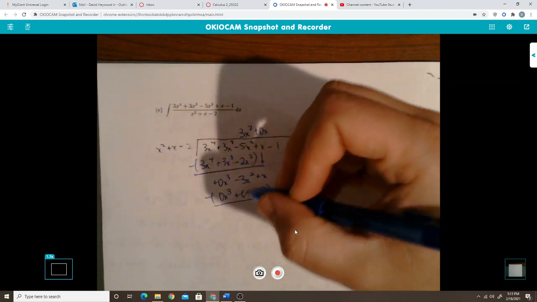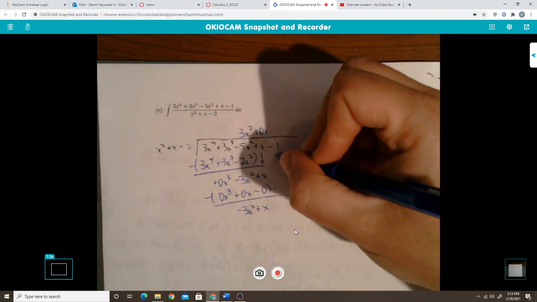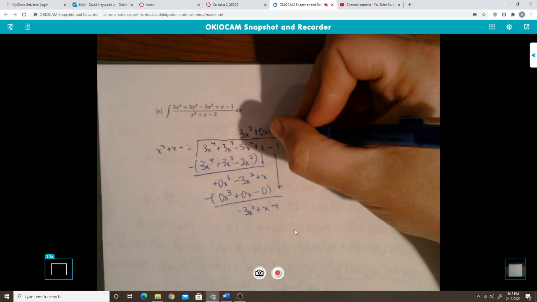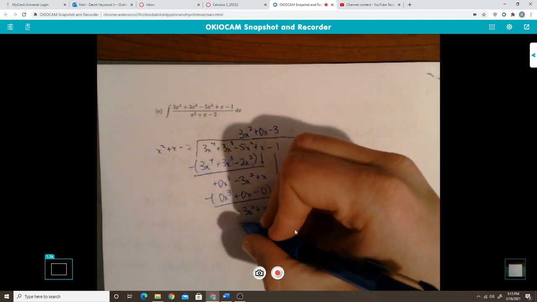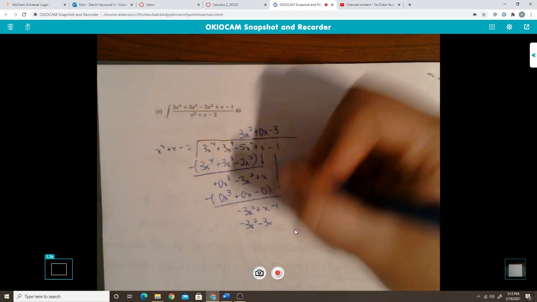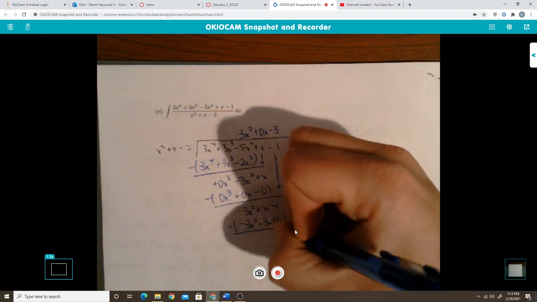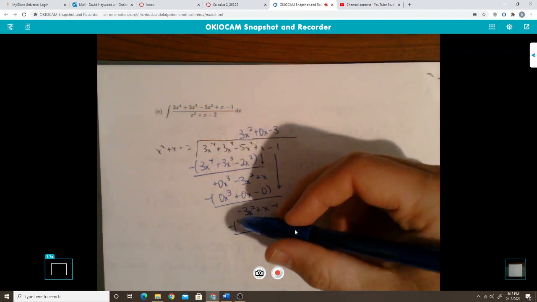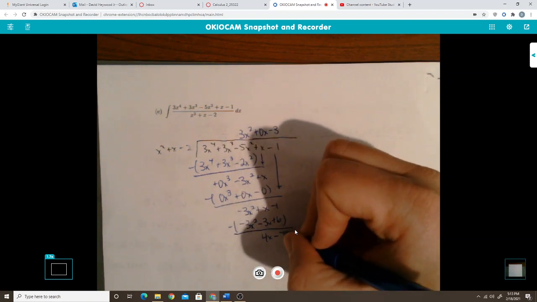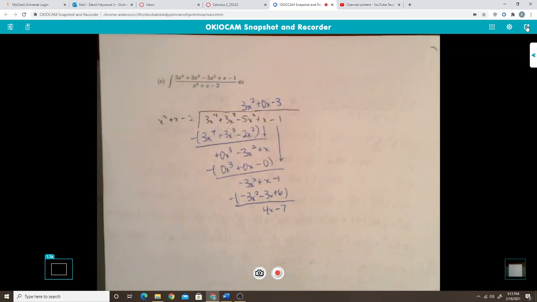You subtract this and nothing really changes, but now you can bring down the negative 1. And this would be a negative 3. We've got negative 3x squared minus 3x and then plus 6. And if I subtract, I'm going to get x plus 3x, so 4x, and then negative 1 minus 6, so minus 7. Oh, my apologies.